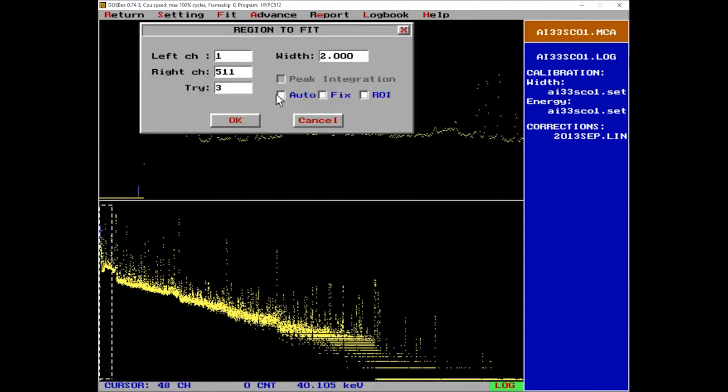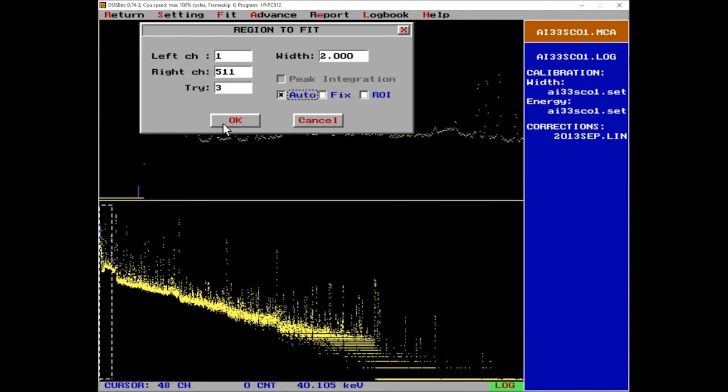And the first step is that we create a so-called automatic fit. So we let the program go through the entire spectrum and start to cut it into smaller sections called regions. And each region is fitted with an adequate mathematical function, a model function, which contains peaks as well as background parameters.